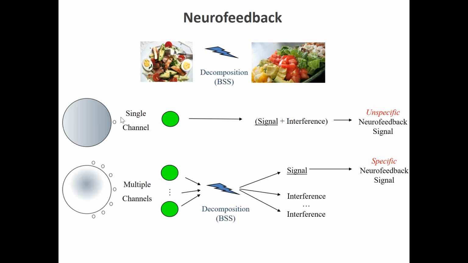But now suppose that instead of using one electrode, you use many electrodes. You acquire EEG from many electrodes and then you decompose the signal. Then you can find some sources, and among those sources you look for the one that is what you're looking for, the signal. Then you ignore, remove or filter out, say it as you like, all the interference.